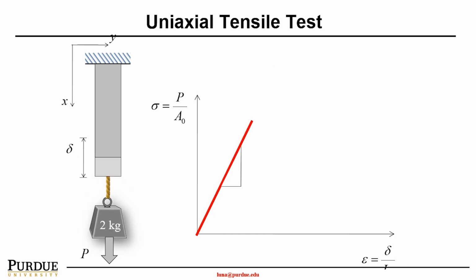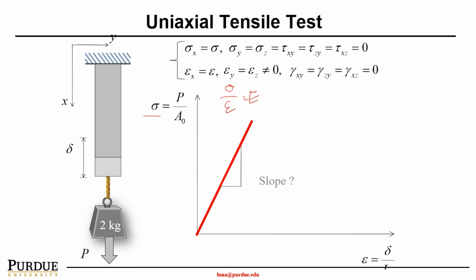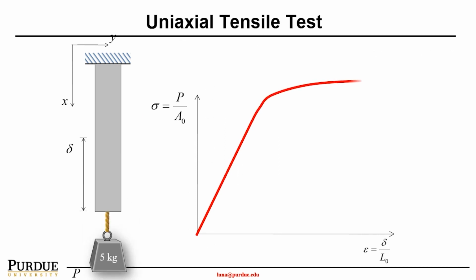And again, sigma over epsilon is the modulus. As shown here, the material has very linear behavior. That means with the increase of the stress, the strain increases linearly.